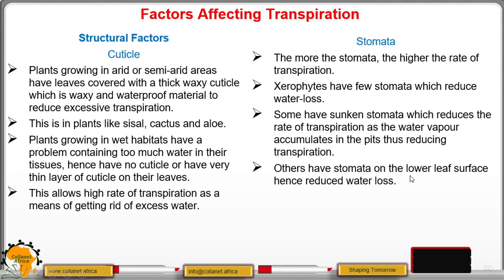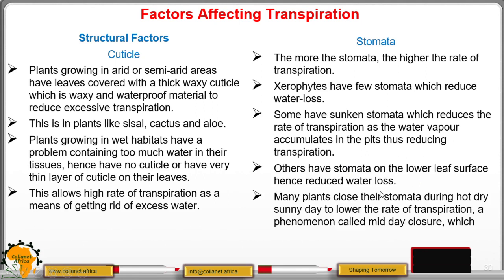Others have stomata on the lower leaf surface, hence reduced water loss. But plants in wet habitats have more stomata on the upper surface of the leaf so that they can get rid of excess water.